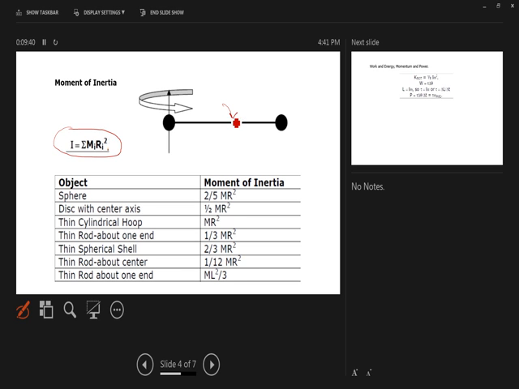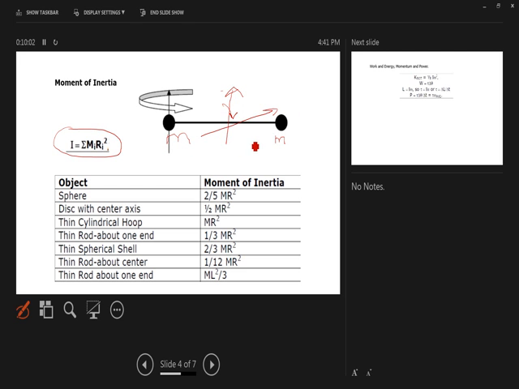So the rod in here doesn't really count. What we're talking about in this particular case is we have a mass here and we have a mass here. So that would be a structure. And in this case it's rotating about one end, but we could have the axis of rotation anywhere along here. We could have the axis of rotation in the middle, or the axis of rotation could be at some angle.